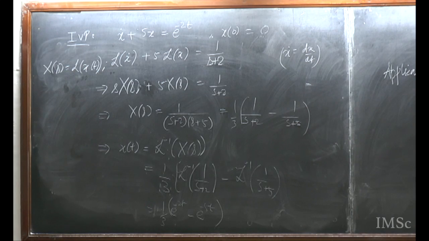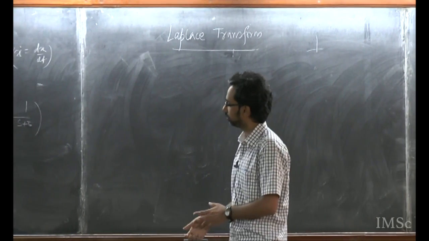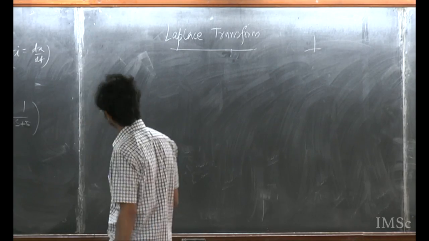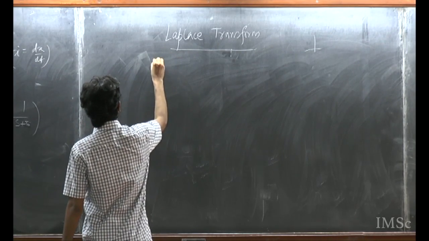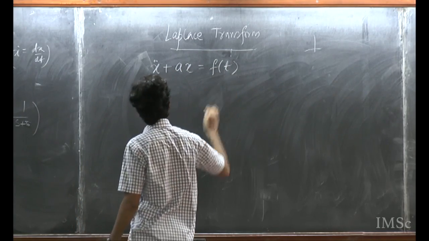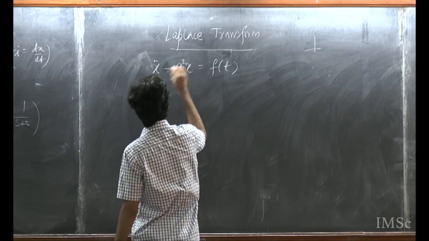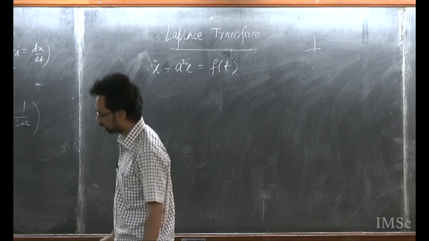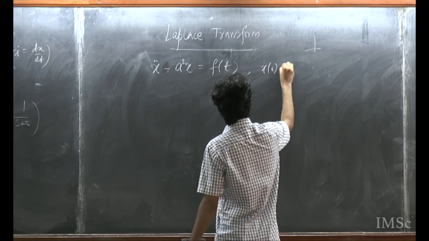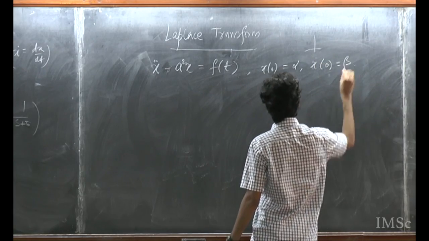Let me do another example. So this example is x double dot minus a squared x is f of t, and x of 0 is alpha, x dot of 0 is beta.